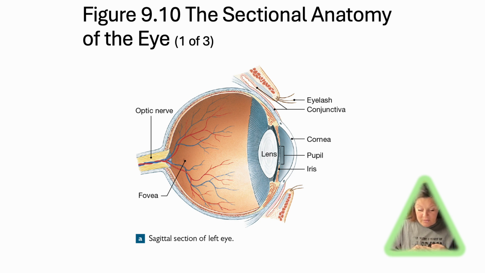We talked about the ciliary muscles, the ciliary papillary muscles that contract, that will allow the iris to contract or to dilate to either open or close that pupil.